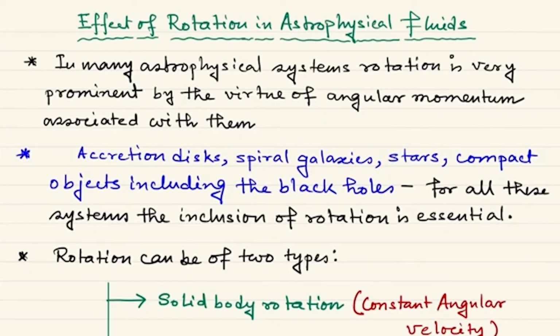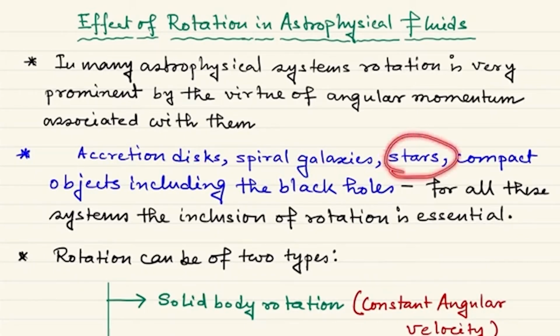The Milky Way, for example, has a spiral disk shape, and it rotates. These two are mostly disk-type rotation, disc-shaped things which are rotating.